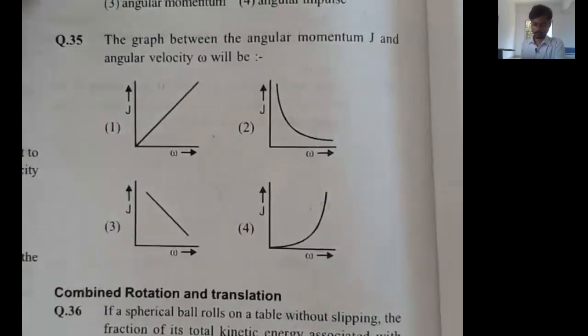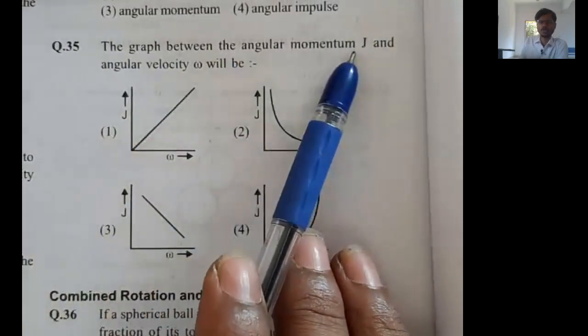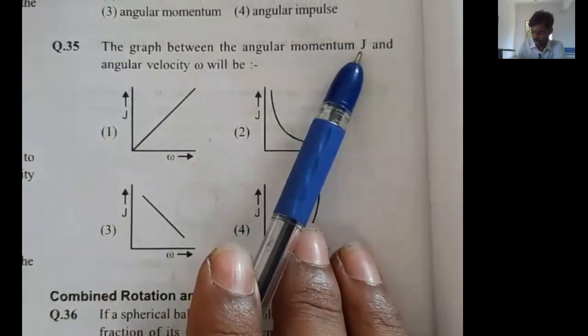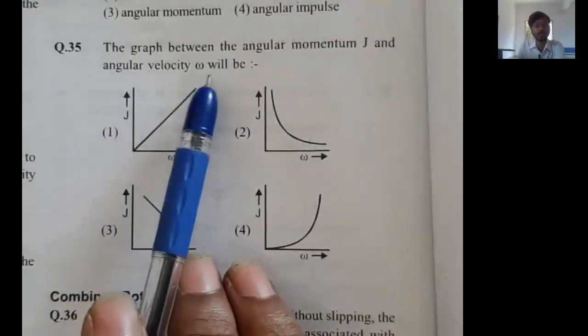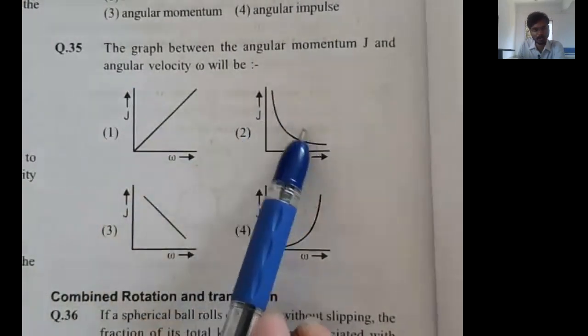See what is given. The graph between the angular momentum Z. Now we generally call angular momentum L, but they are writing angular momentum as Z. And angular velocity omega will be a straight line passing through the origin, or a parabola or hyperbola.